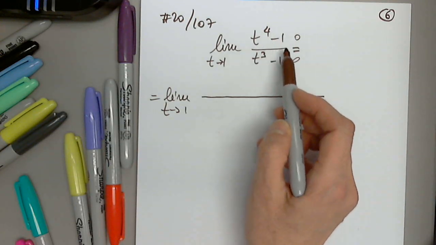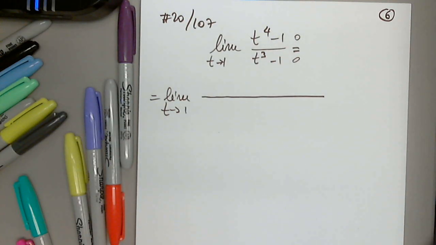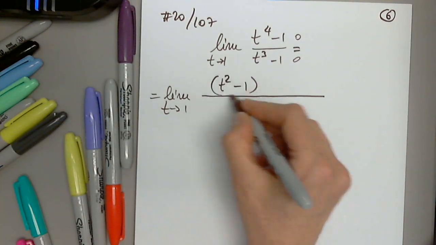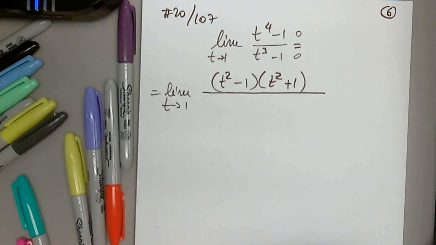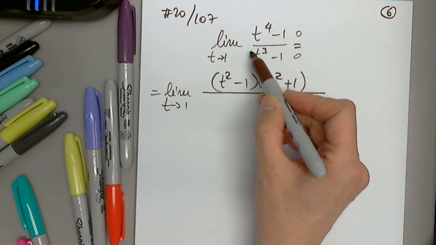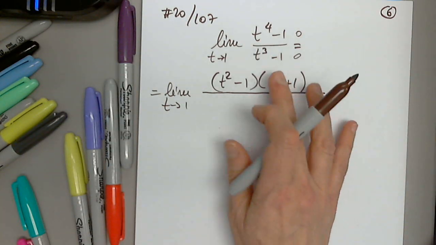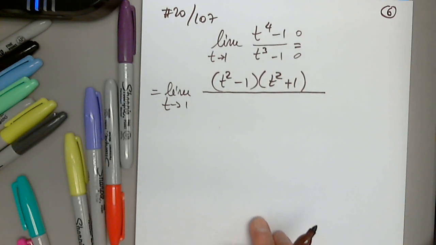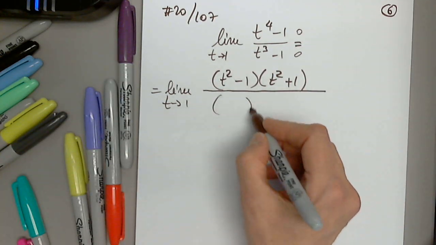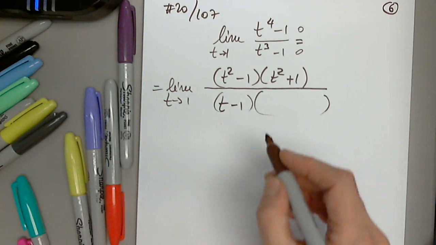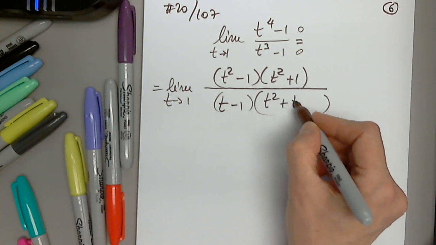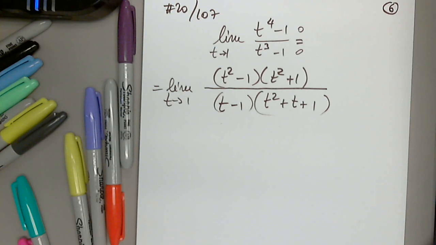How do I factor the difference of squares? t squared minus 1 and t squared plus 1. Very good. Now, how do I factor the denominator? This is not the difference of squares, but the difference of cubes. A minus B, right, so t minus 1, times A squared plus AB plus B squared. Excellent: t squared plus t plus 1.